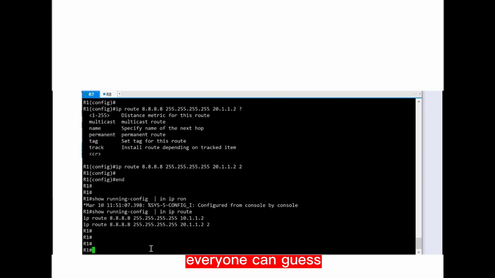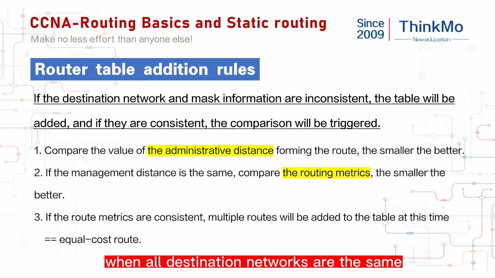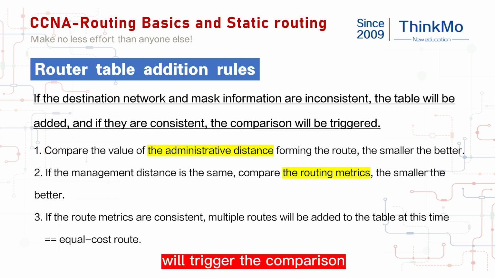Everyone can guess. Now for the two configurations, the administrative distance is different. According to the principle of adding routes to the table we discussed before, when the destination networks are the same, we trigger a comparison. Now they are both 8.8.8.8 with the same 32-bit mask.